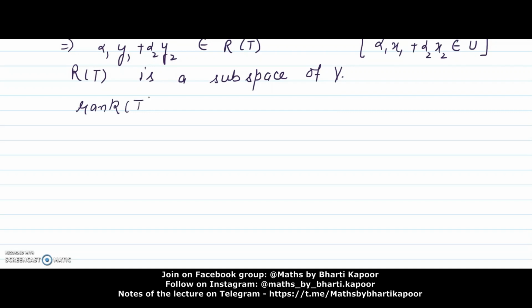Rank of T is defined to be dimension of RT, which is range space of T. And nullity of T is defined to be dimension of kernel T, which is null space of T. In the next video, we will prove a very important result, that is rank nullity theorem.